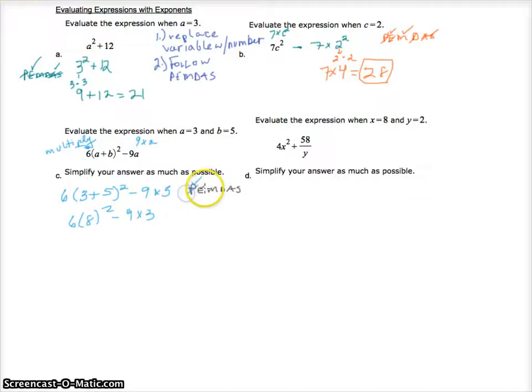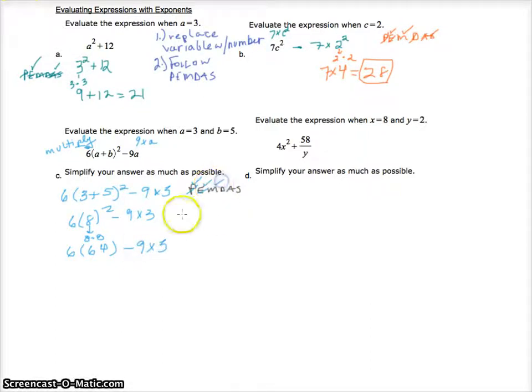So my parenthesis is done. I do have an exponent. It's 8 squared, so it is 8 times 8. Well, 8 times 8 is 64, so it's 6 times 64 minus 9 times 3.